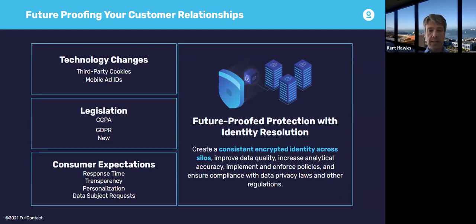So what happens is identity resolution can help you future-proof those customer relationships by creating a consistent identifier, a consistent set of information that's linked to real verified consumers, and doing it in a way that is encrypted and protected, right?